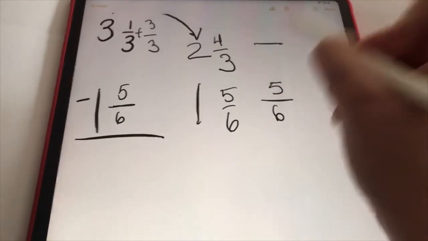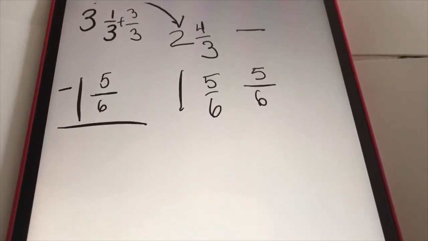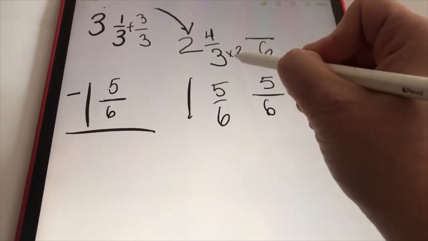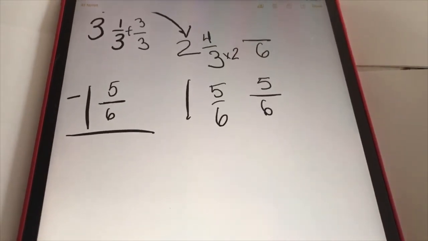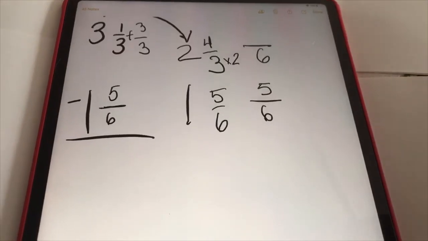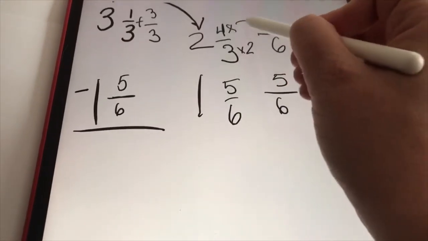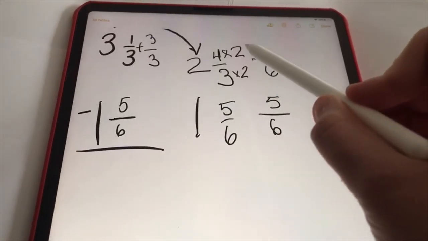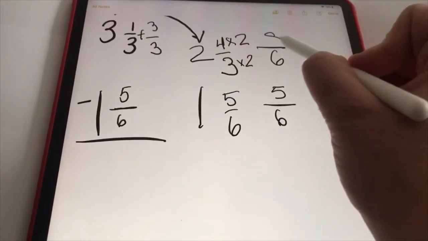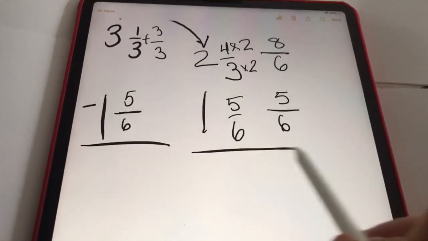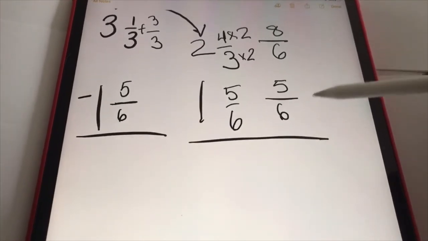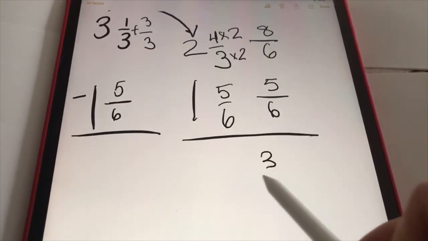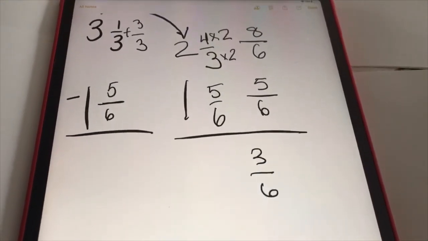So then I only have to change one fraction, okay, because I know that 3 times 2 equals 6, okay? So what I do to the bottom, I have to do to the top. So now 4 times 2 equals 8, okay? So I am going to go ahead and subtract 5/6 from 8/6, and I get 3/6, okay?